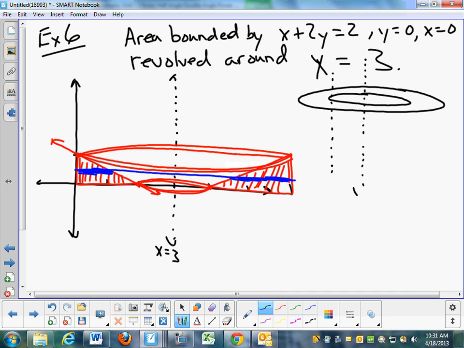Very good. This is x is equal to 3. You tell me this, though. What's this right here? Good. X equals 0. Excellent. How about this one?